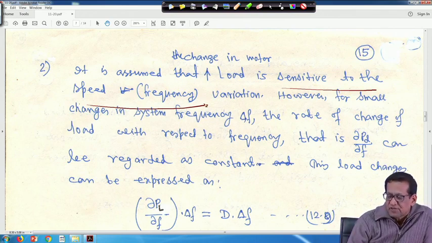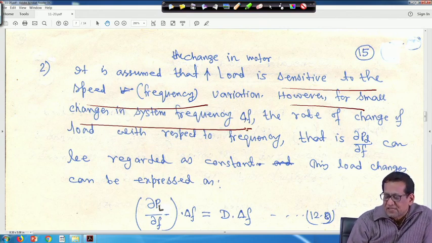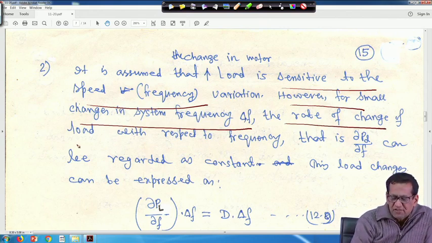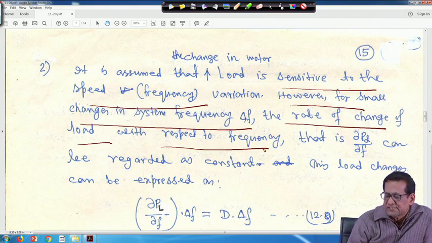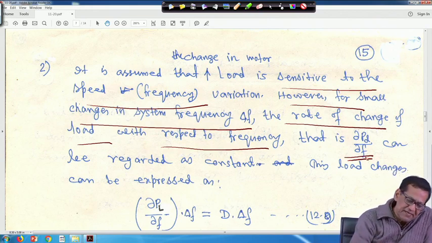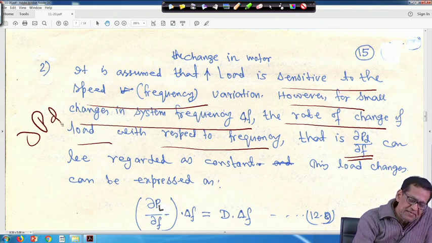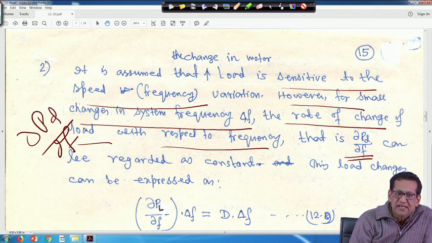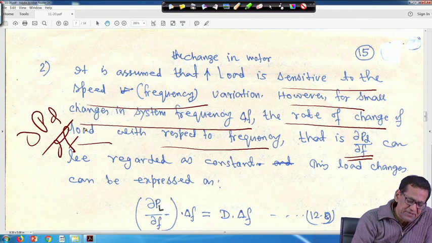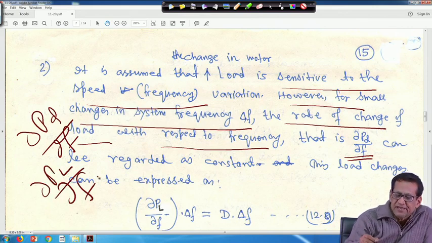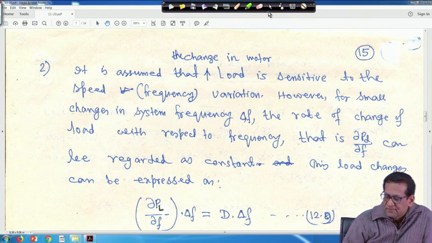However, for small changes in system frequency delta F, the rate of change of load with respect to frequency, that is delta PD by delta F, sometimes we write if the load disturbance is PD, then it is delta PD by delta F. If you assume the load disturbance is PL instead of PD, then it will be delta PL by delta F. This can be regarded as constant.